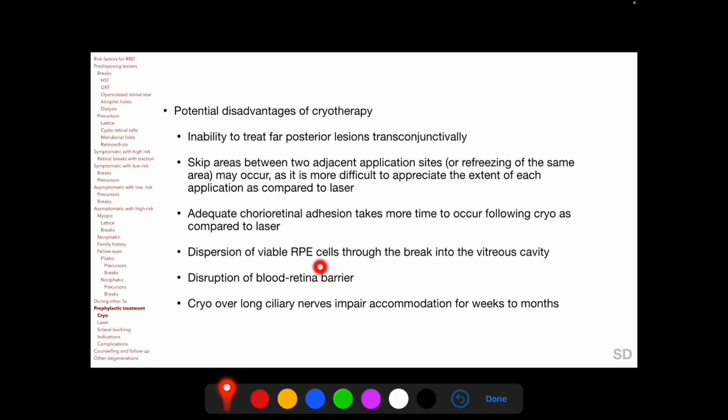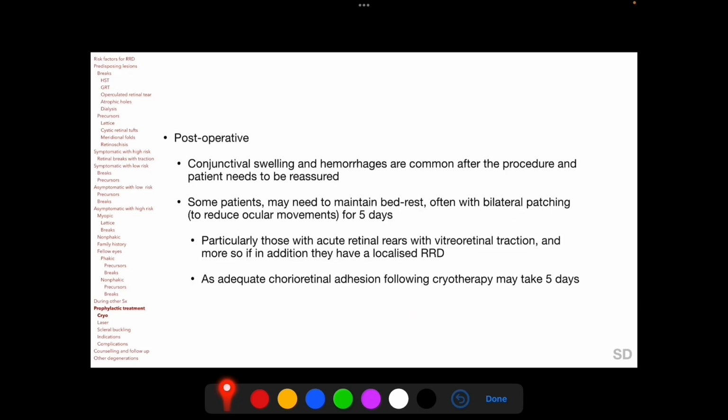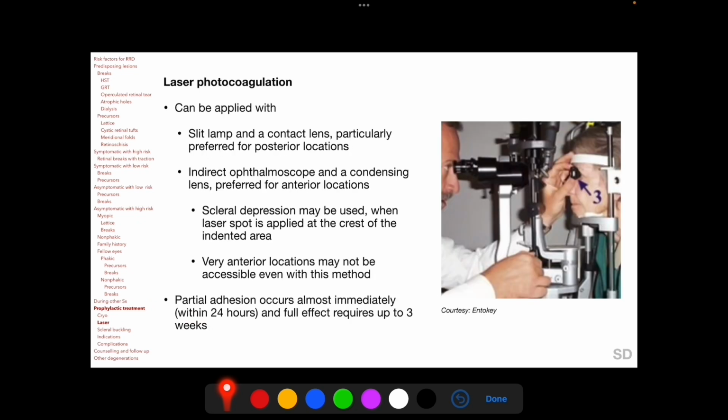Dispersion of viable RPE cells into the vitreous cavity, disruption of blood-retina barrier, and cryo over long ciliary nerves impair accommodation for weeks to months. Postoperative conjunctival swelling and hemorrhages are common after cryotherapy, and some patients may need to maintain bed rest, often with bilateral patching to reduce ocular movements for 5 days, as adequate choroidal adhesion following cryotherapy may take that long.